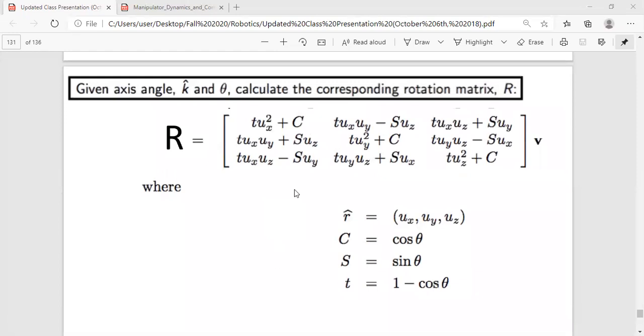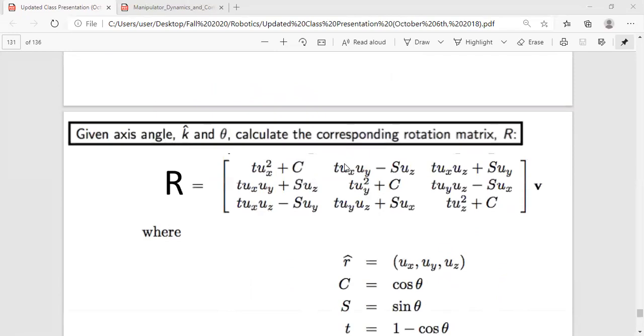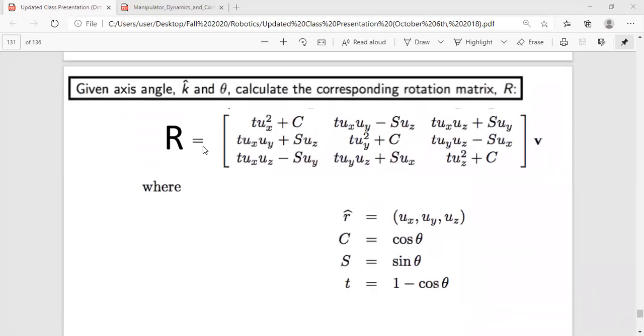One last thing here: if I give you the axis K and theta, to calculate the corresponding rotation, this is another way of doing what I just calculated. So you can use this ready-to-use form based on theta and your R. This is basically the whole solution of what I just wrote earlier.